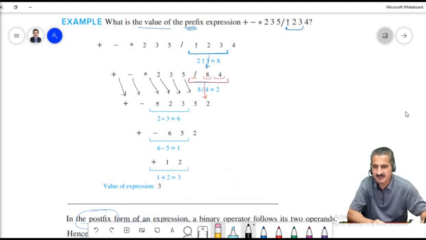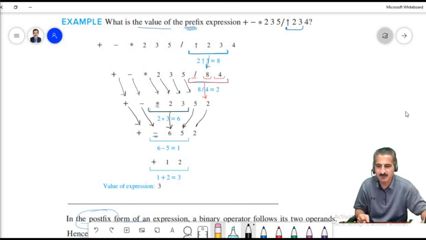This is star, and it is followed by 2 and 3, which means 2 star 3, which gives 6. So we have 6 in here, and this 5, this 2, and this minus, and this plus. Now I have this operation, and it's followed by 6 and 5. That means 6 minus 5, which is 1. So I get this, and now this operation, and I have 2 operands, 1 and 2, preceded by plus. So I add them, I get 3.